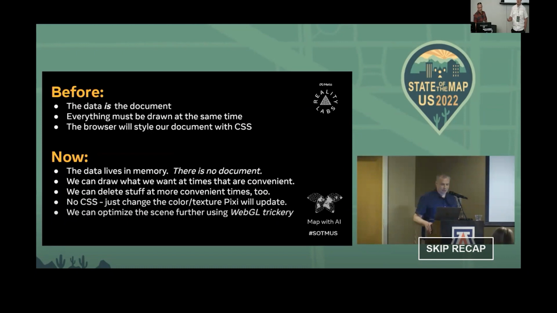So Bryan did some presentations last year about the differences between what we had to do in the DOM before and all the editing that had to happen on the fly for the renderer to do its thing. So we're going to talk a little bit about some of the challenges we encountered over the last year while we made this a reality.